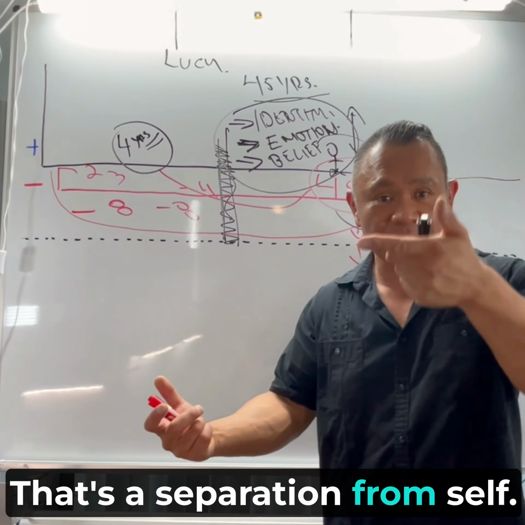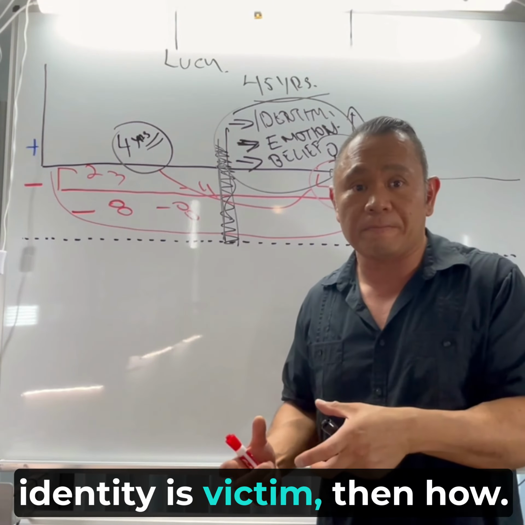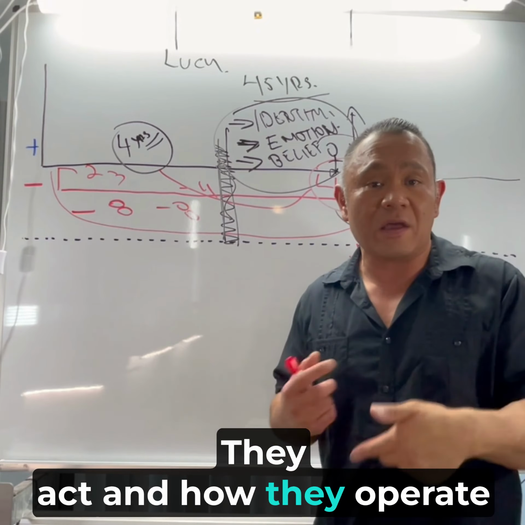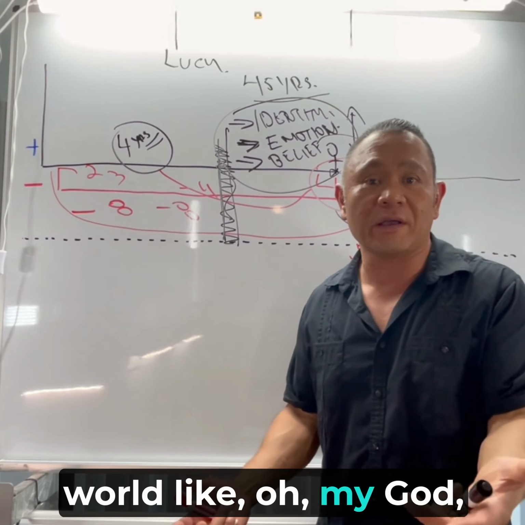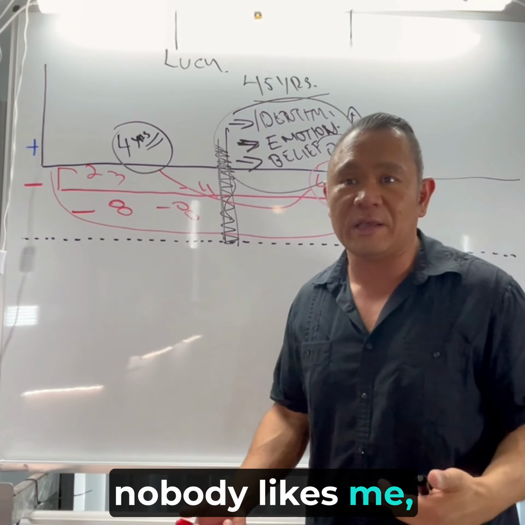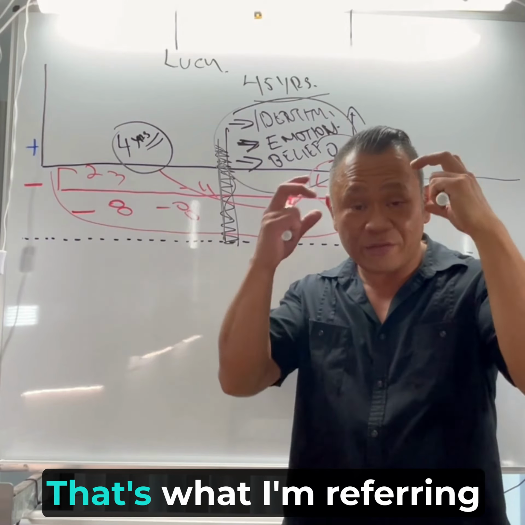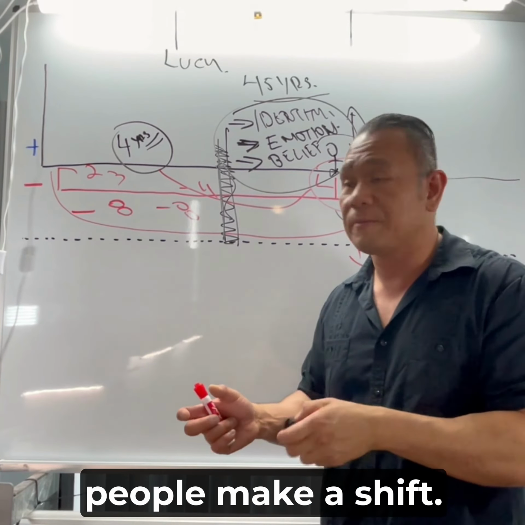That's a separation from self. If somebody believes that their identity is victim, then how they act and how they operate will always be as a victim. They'll always look at the world like, oh my God, everything's wrong, everything's working against me, everybody hates me, nobody likes me, and so on and so forth. That's what I'm referring to as identity. And that's where we help people make a shift.